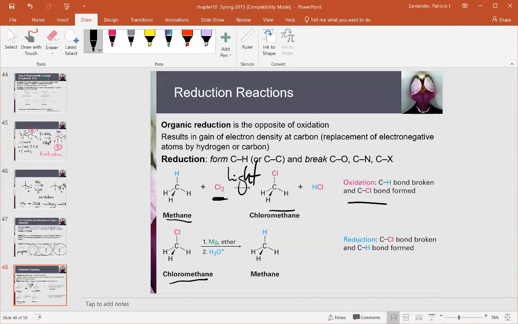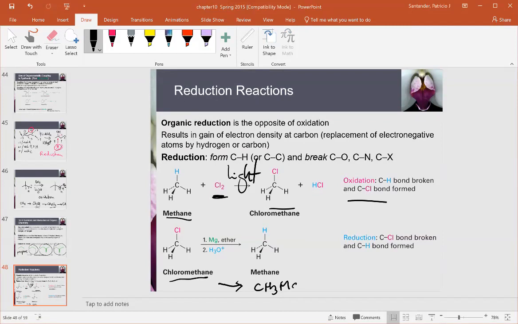So there you will form the Grignard reagent, CH3MgCl. And then in the second step, we react that with H3O plus and we form methane. So the overall transformation of chloromethane into methane, that will be a reduction.